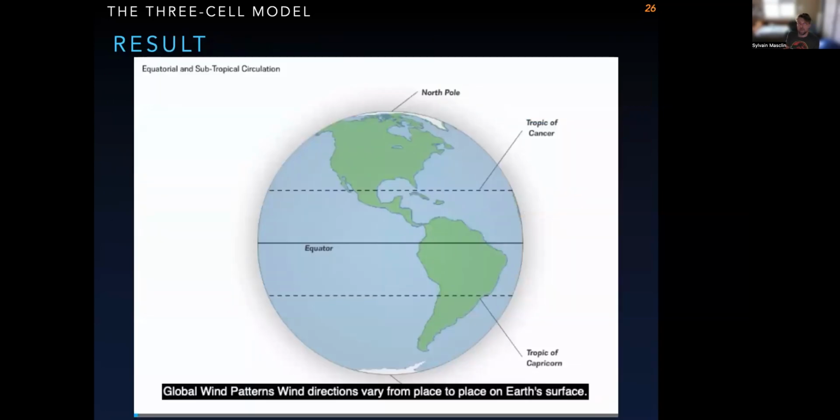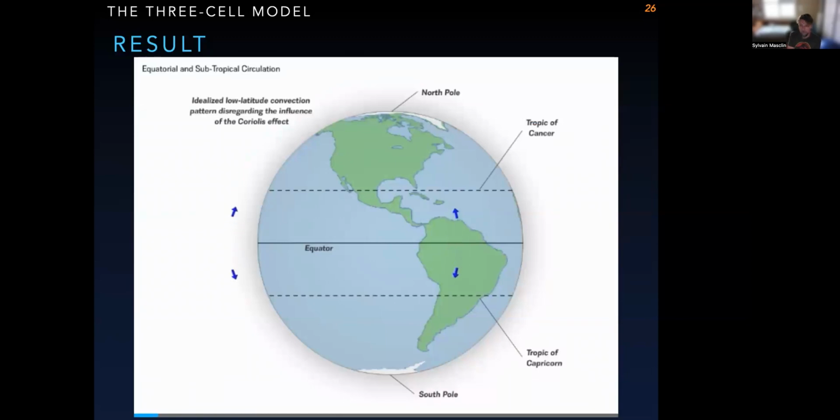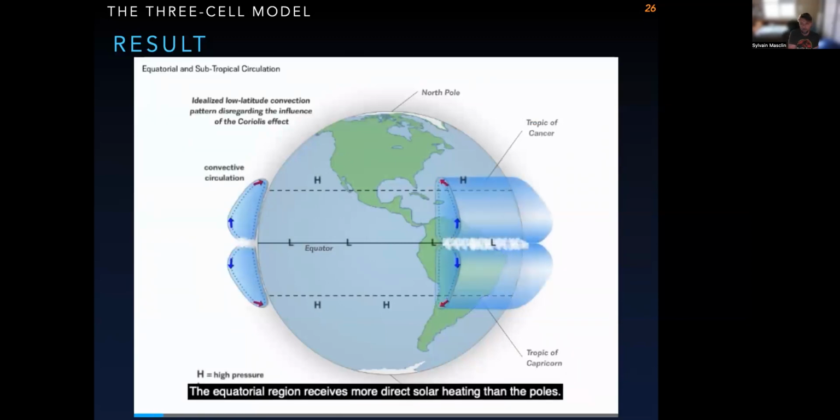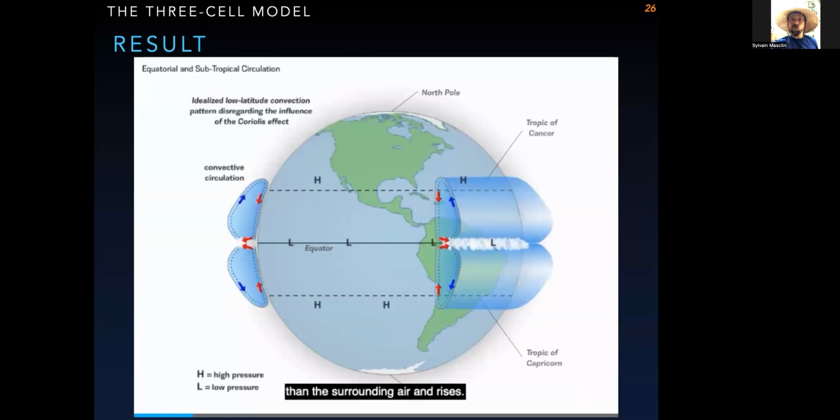Wind patterns. Wind directions vary from place to place on Earth's surface. The equatorial region receives more direct solar heating than the poles. The warm surface air, including evaporated moisture, becomes less dense than the surrounding air and rises.